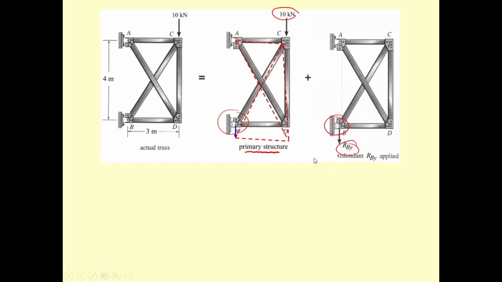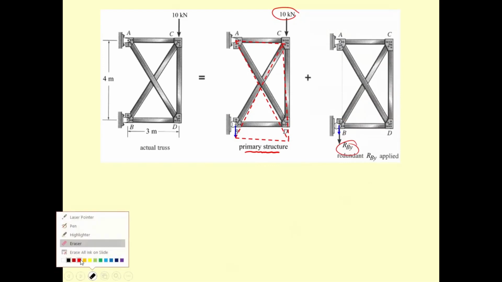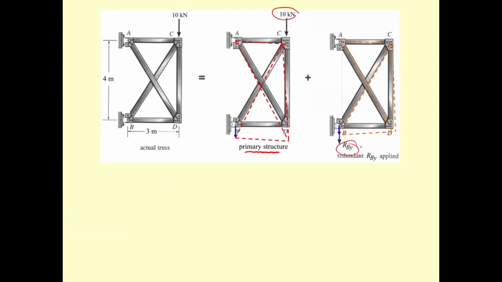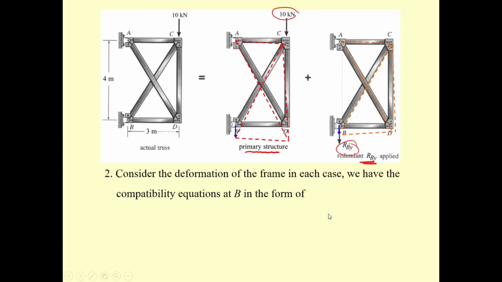Now, you use your knowledge of the elastic curve to assume how the task deforms. For the task subjected to R sub BY, R sub BY is unknown, so again set R sub BY to be 1.0.